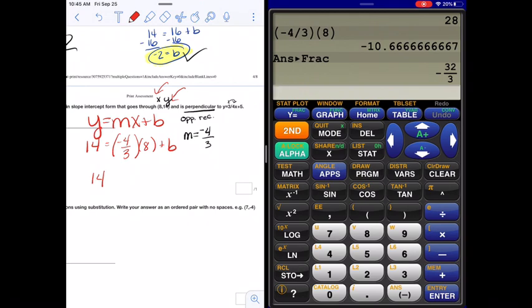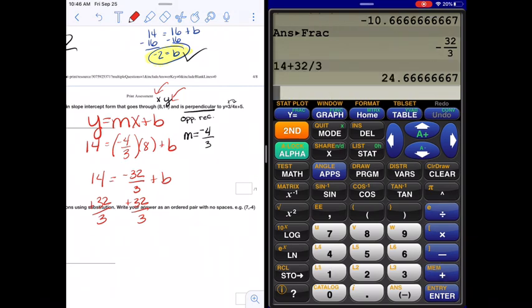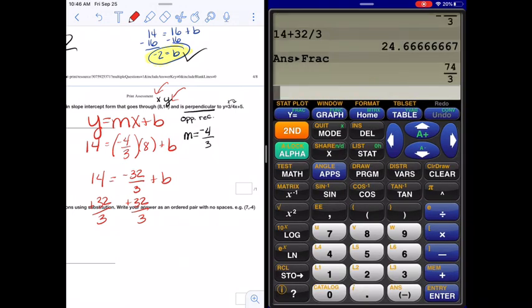So 14 equals -32 over 3 plus b. I'm going to add 32 over 3 to both sides. So I get 14 plus 32 divided by 3, math, enter, enter.